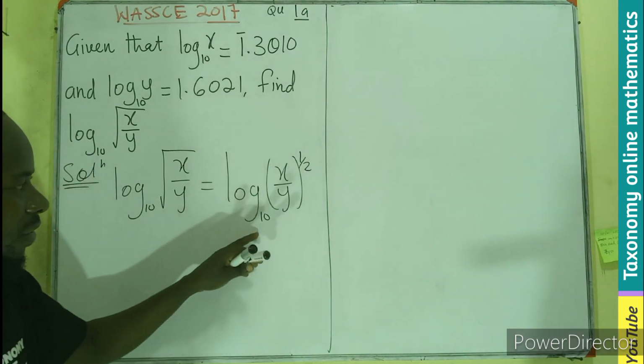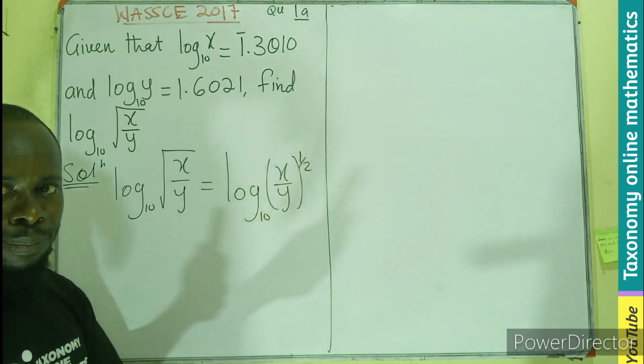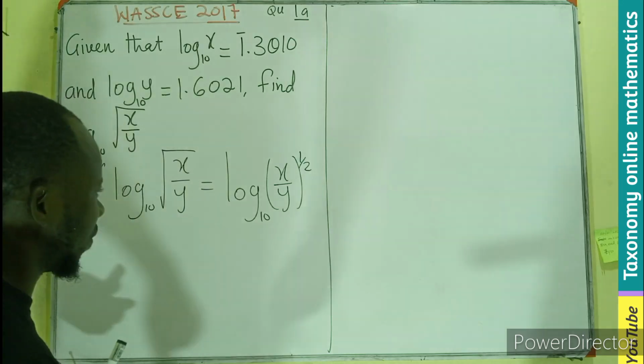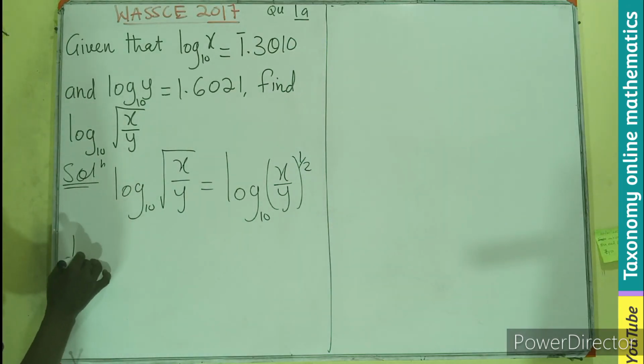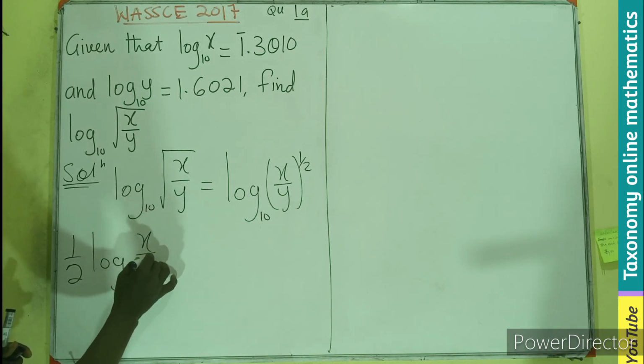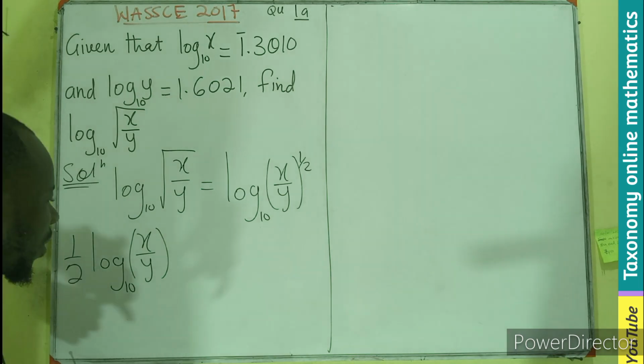This is a power, and by the power rule, the power can come to multiply the logarithm. So this will give rise to 1 over 2 the log of x divided by y, still with the base of 10.